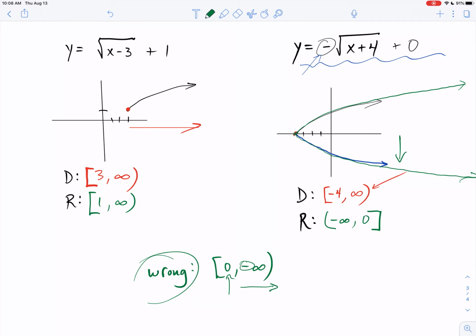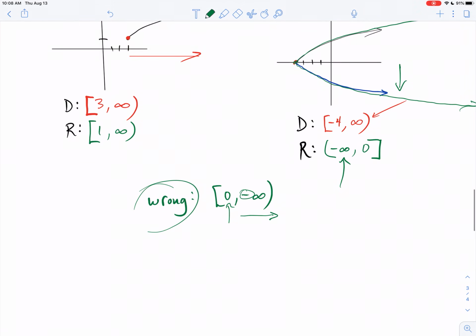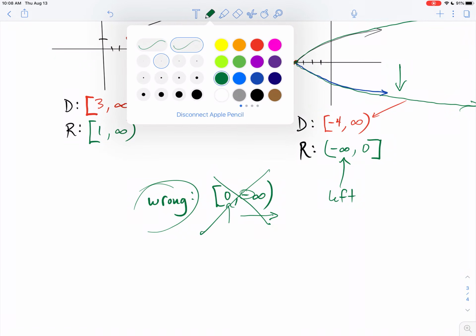It just won't drop really fast, but it will drop forever. Forever it goes downward. So here's the thing. Make sure, never do this. If you have a -infinity as part of your answer, it will always be on the left side in your interval notation. All right, we got 2 more to hit, and then you're going to sketch some graphs.